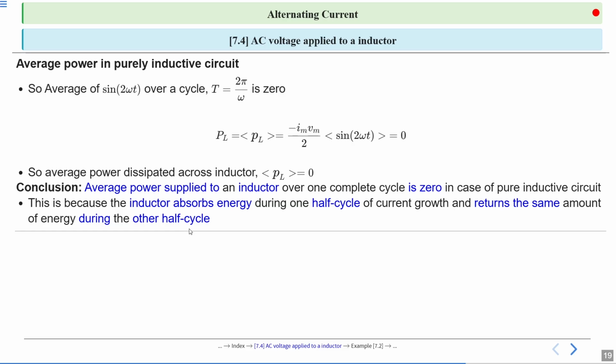So the magnetic energy stored in the inductor will increase. During the other half cycle of current decline, when current is decreasing, the magnetic field will decrease. So it will return the same amount of this magnetic energy to the circuit. So this is because the inductor absorbs energy during one half cycle of current growth and returns the same amount of energy during the other half of the cycle.